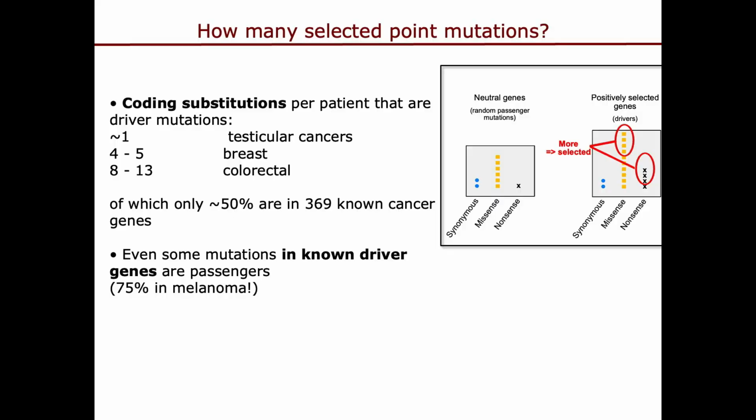And a similar point, which is also important, is that even in genes like p53, which are very frequently mutated in human cancer, a significant proportion of the mutations that you see are passenger mutations. They're random mutations, even in cancer driver genes. For example, in the case of melanoma, which has a very high mutation rate, 75% of the mutations in the known driver genes are just random passenger mutations.